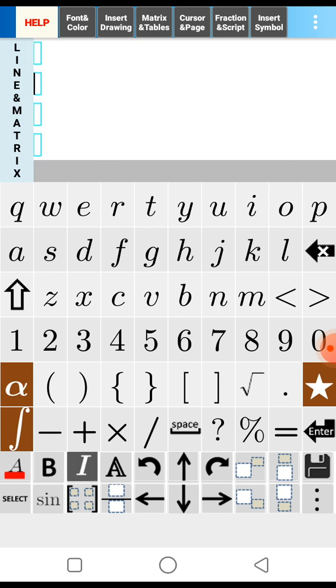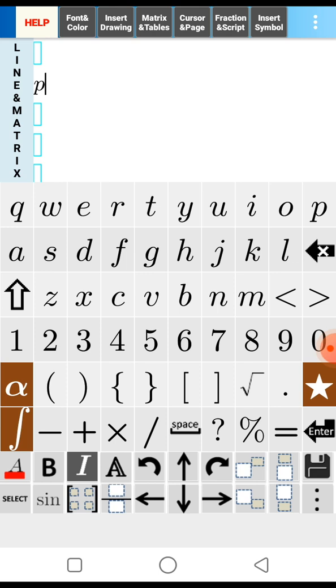Our question is, prove that tangent square x plus 1 equals secant square x.